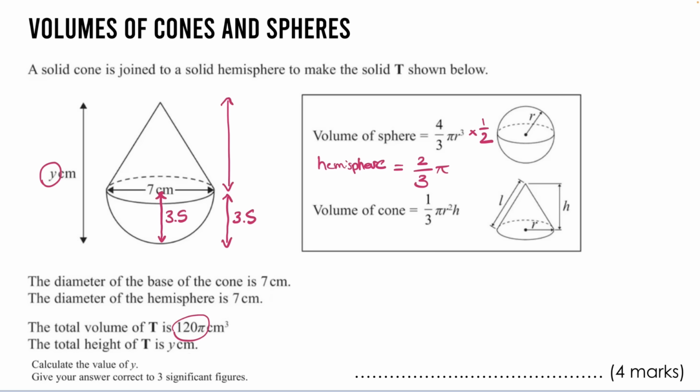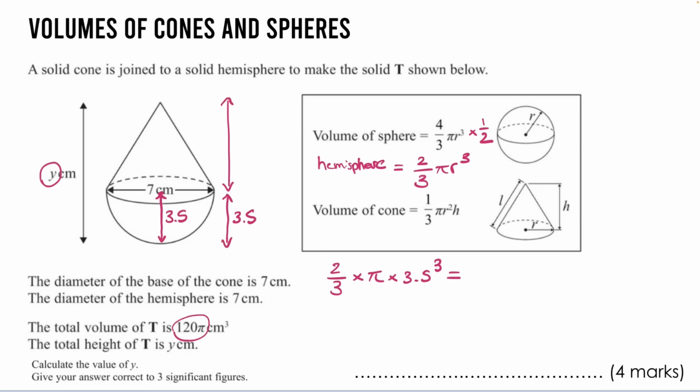So 2/3 pi r cubed. So we can use that straight away. So 2/3 times pi times 3.5 cubed. That's going to give us the volume of the hemisphere. So we can type that in, 2/3 times pi times 3.5 cubed.